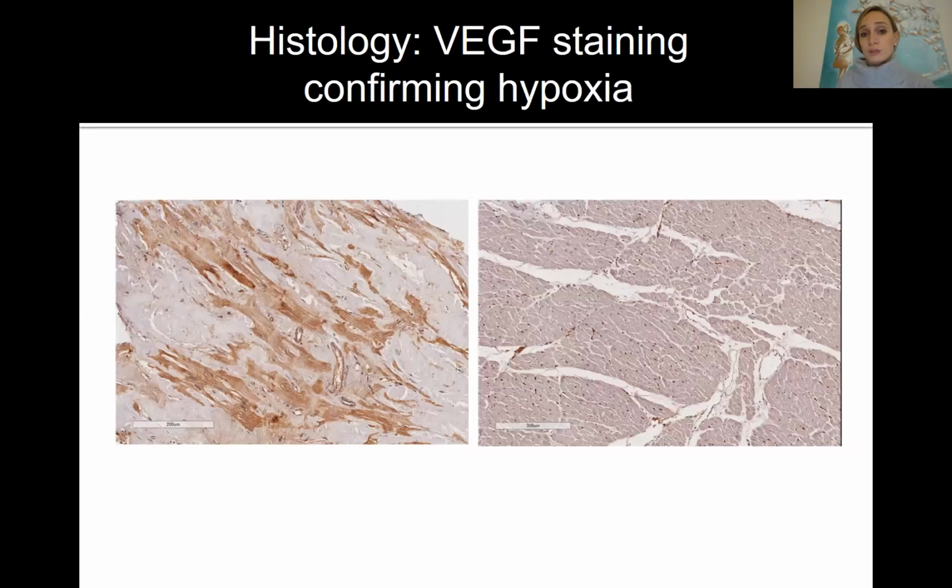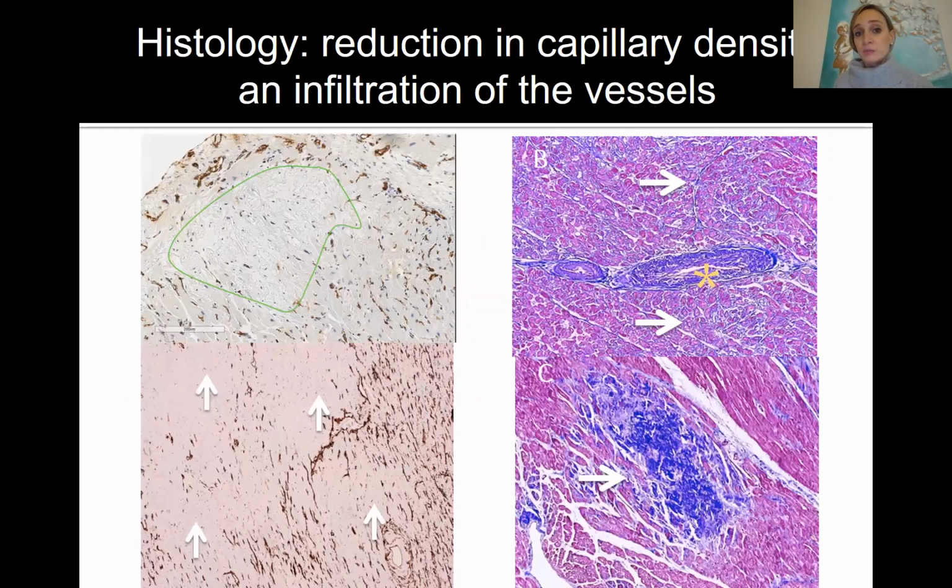But why was that? So first of all, when we took myocardial biopsy, we could confirm the presence of hypoxia with VEGF staining. And when we looked at the mechanisms, they were quite variable, going from reduction in capillary density to infiltration of the intima media of the vessel, with actually narrowing of the lumen itself.